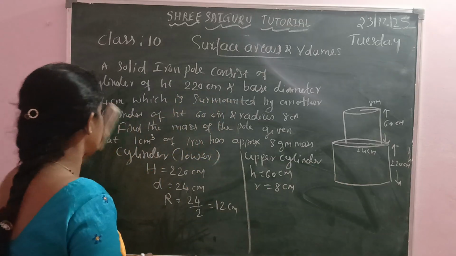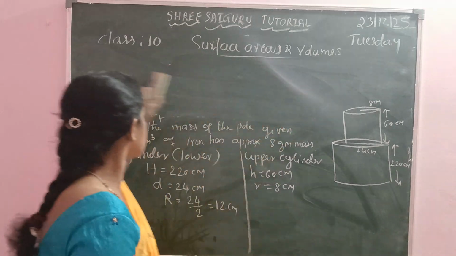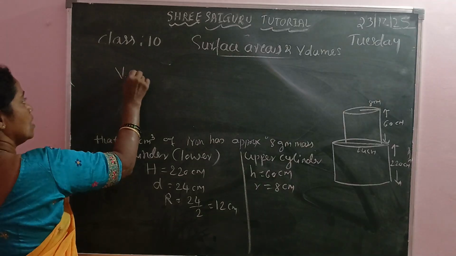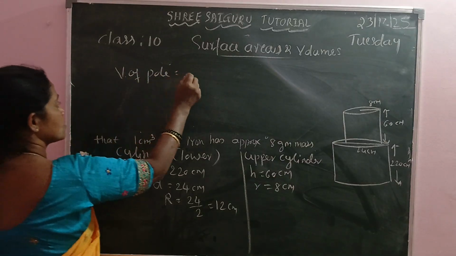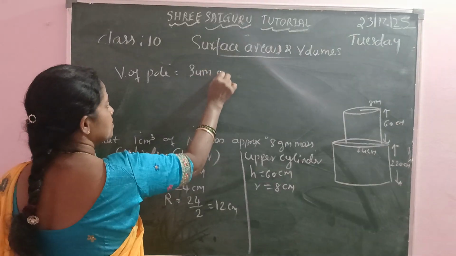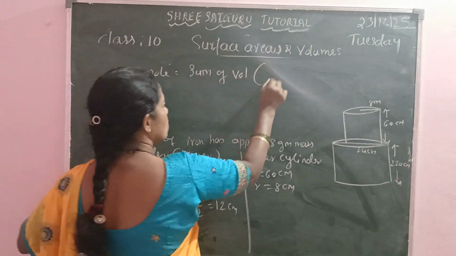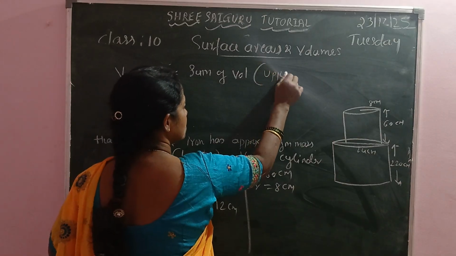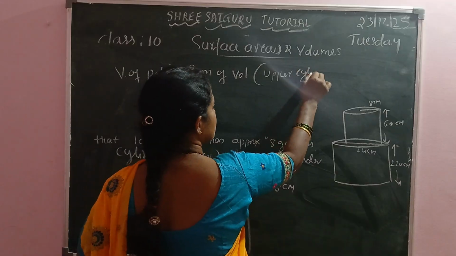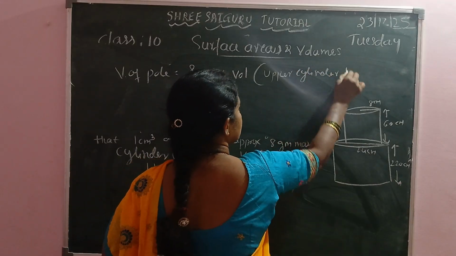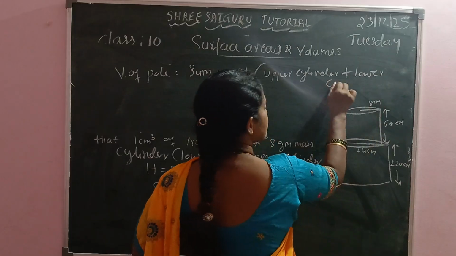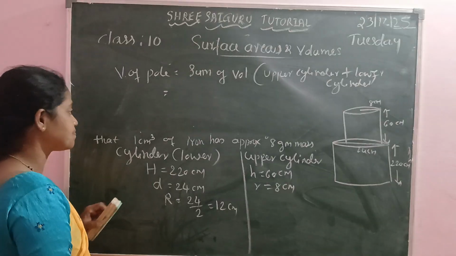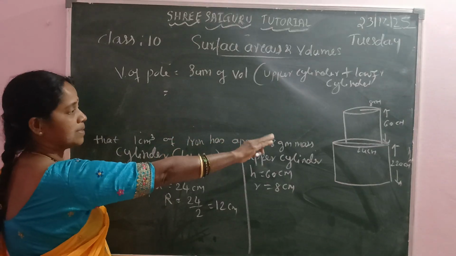Then the volume of the pole is equal to the sum of the volumes of the two cylinders, upper cylinder plus lower cylinder.